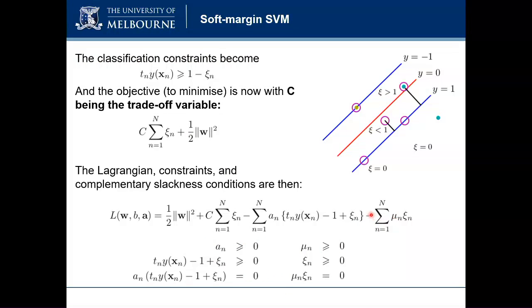So I write them also as minus psi_n less than or equal to 0, which means psi_n greater than or equal to 0. So essentially I turn these to the canonical form of less than or equal to 0, and a_n and mu_n are my Lagrange multipliers for these inequalities. There are no equality constraints here.